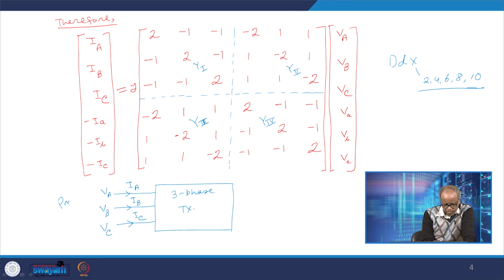Then at the secondary side, this is VA, VB, VC, and the currents are also entering the transformer. Please note, in all our models the currents are entering the transformer. So this is IA, this is IB, this is IC. So this is my secondary side.